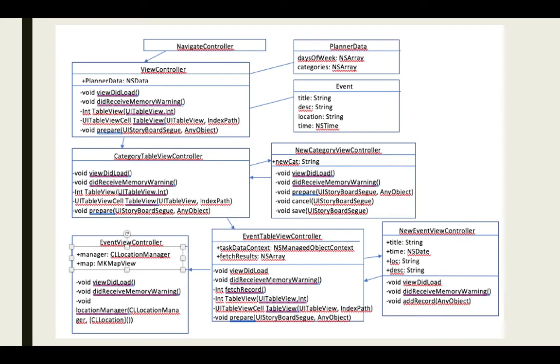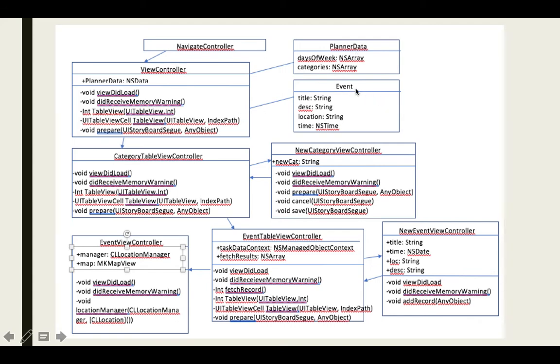Here is my class diagram. Not to go too detailed into it, but we have a navigate controller, which goes to your first view controller, which is the list of days, the week list. This communicates with a class planner data, which holds two types of arrays.